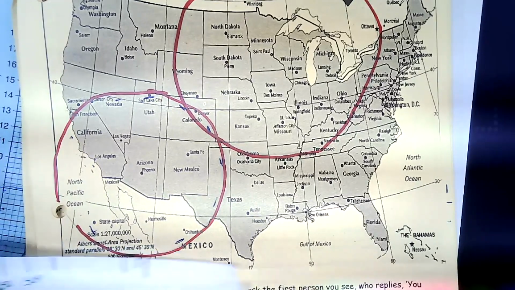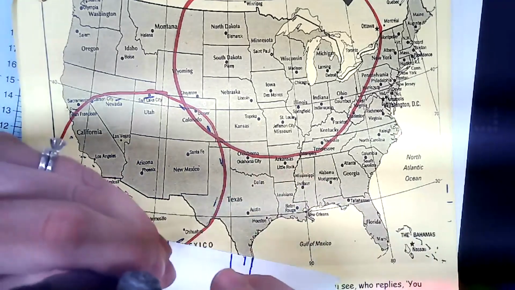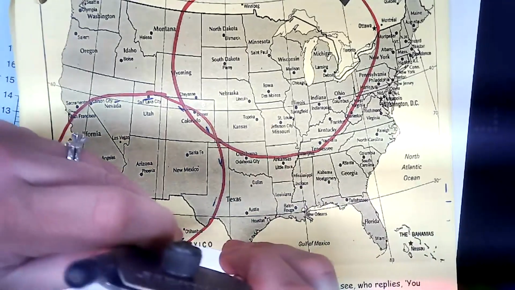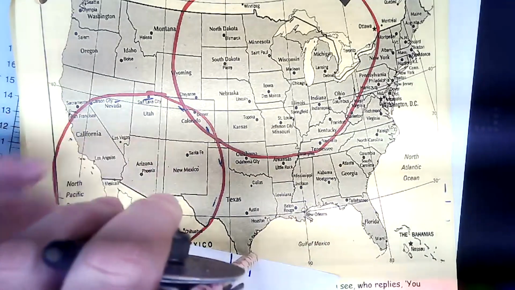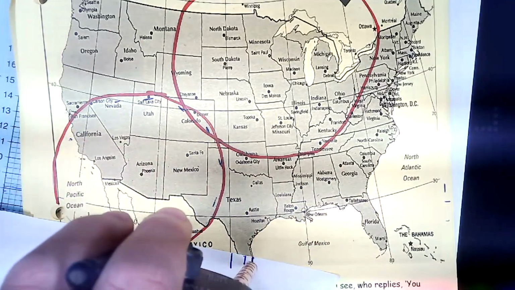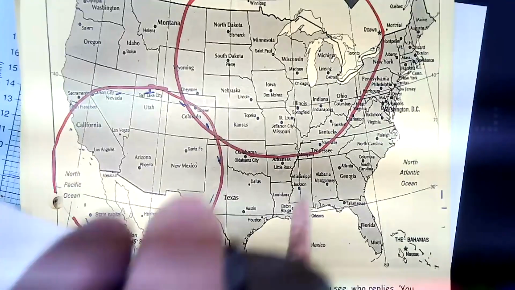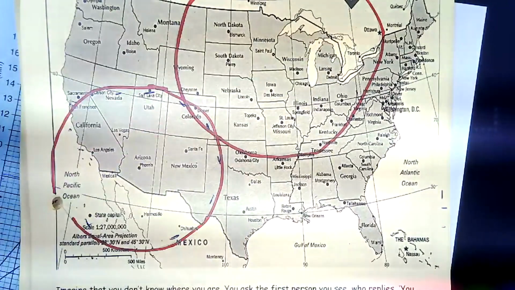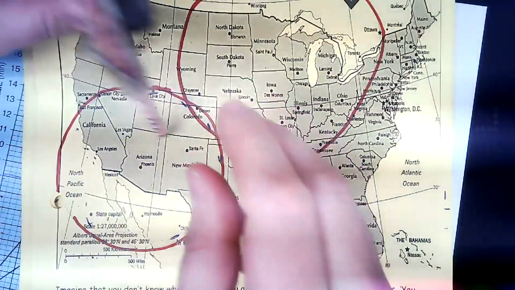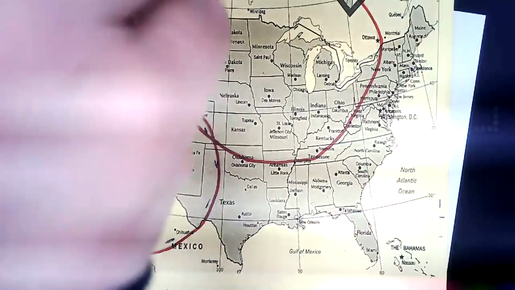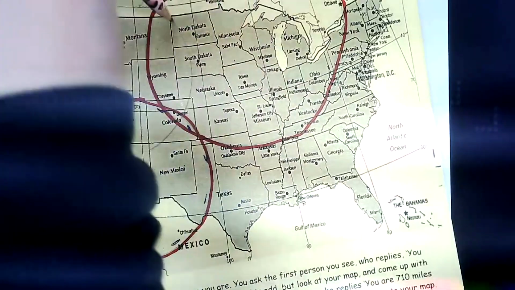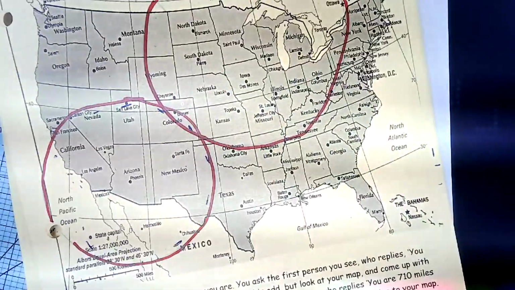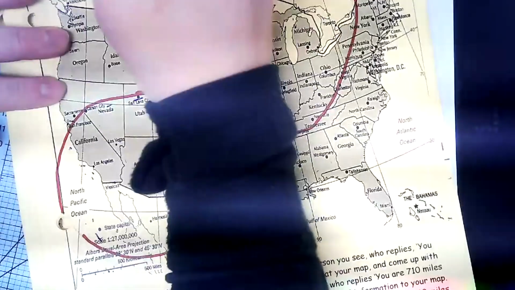Well, in this case, I don't think it's going to turn out to be a perfect city, but we'll find out. Denver is in there, yes, but it's not right on both of them. And I think that's where it was supposed to come out, Boise, Idaho. Oh, so here's the problem. All right, so I draw this circle. Whoa.